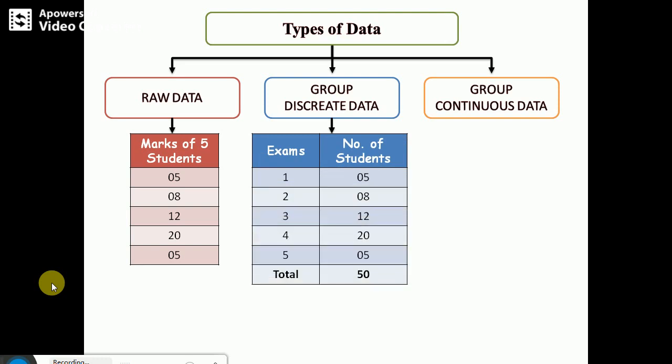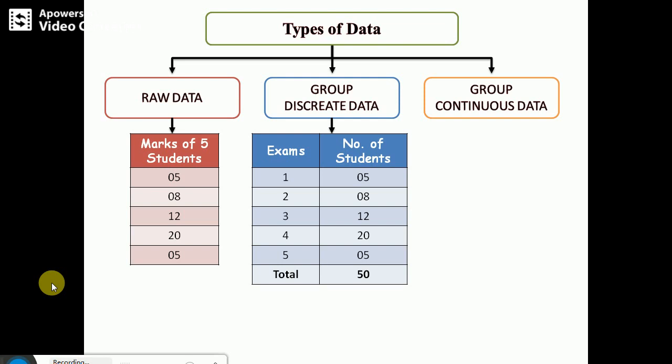Second is group discrete data. In such data, there are always two columns given. First is the column of data and second is for frequency. In this example, you can see the number of exams taken, and in the second column they have given the number of students who have attempted them.